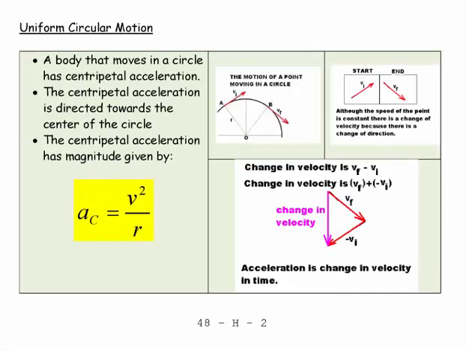In this next slide we talk about what uniform circular motion is. And we say a body that moves in a circle has centripetal acceleration.